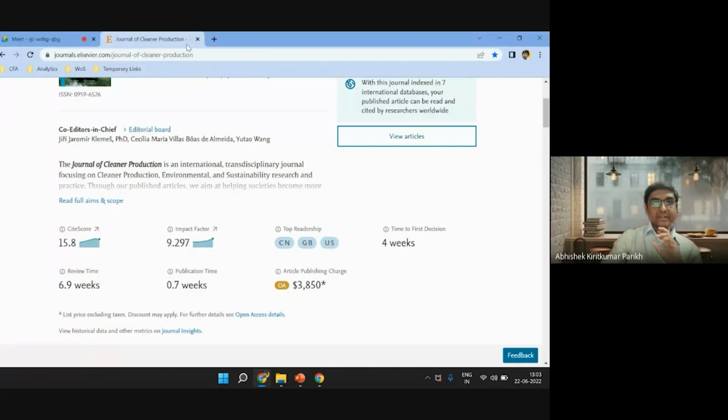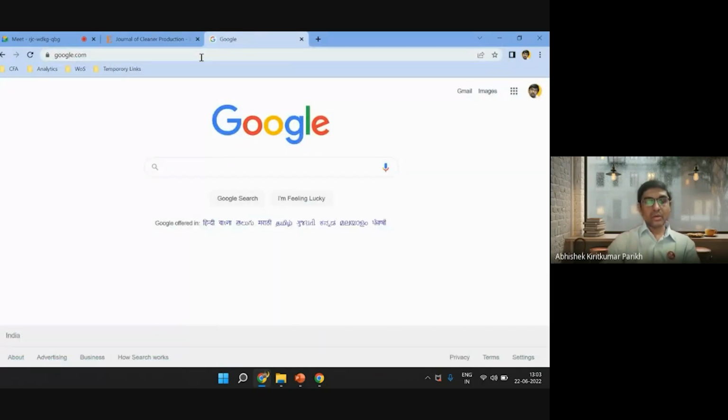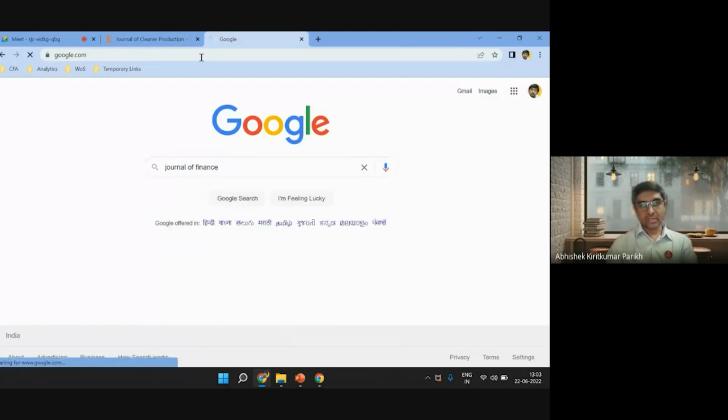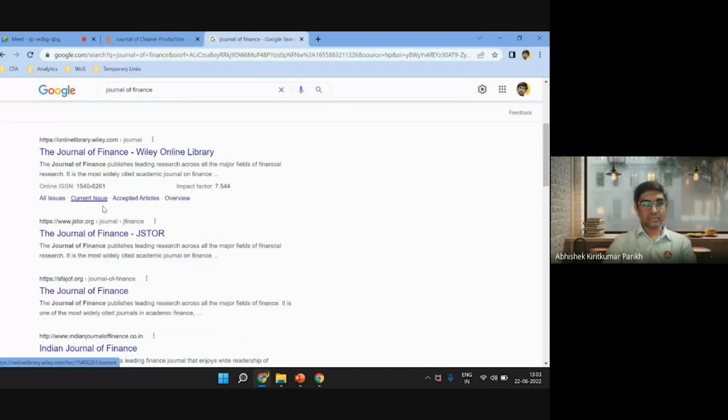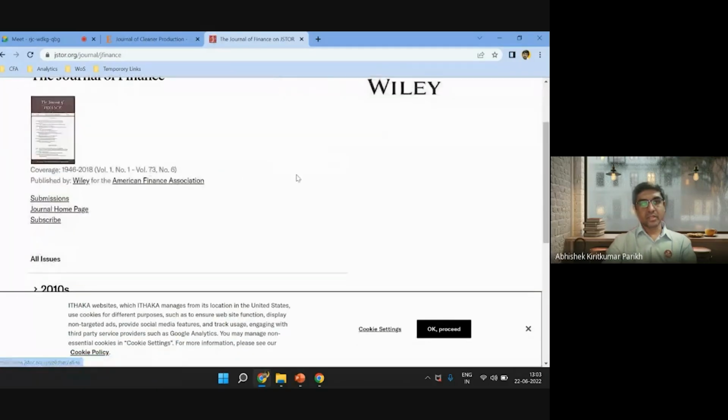You can do this activity simultaneously on your laptop also. Let's say, for example, you know the name of the Journal of Finance, I'm just giving an example. You can click on this, right? This is the register.